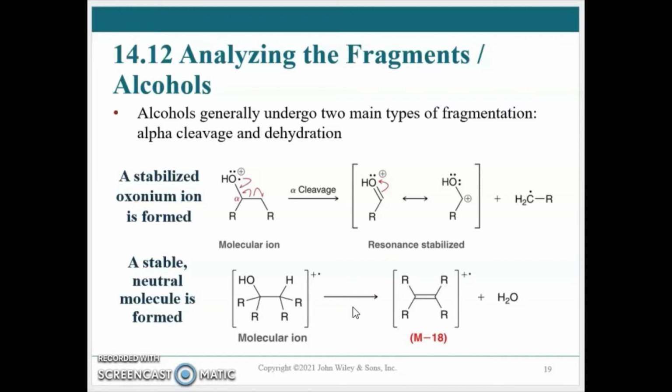After seeing enough of them, you can begin to rationalize how the electrons move, but it's not critical that you be able to draw all of the intermediates in a fragmentation. What you need to recognize are the stable radical ions that are formed and detected, and the loss of neutral molecules, because in this case, when we have dehydration, we're going to have the loss of 18, and that loss of 18 is characteristic for a dehydration.